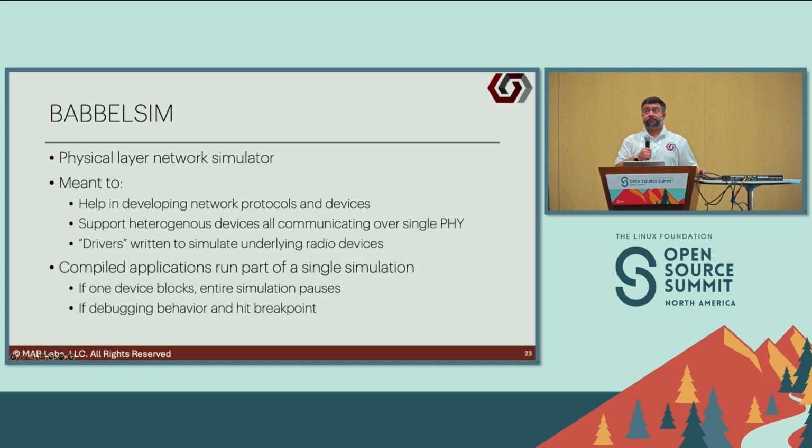The applications that you build for BabbleSim are compiled and run as part of a single simulation. So if one device blocks, your entire simulation pauses. For example, if you want to debug something and you hit a breakpoint, time basically stops in your entire simulation, and you can analyze the properties of different nodes.